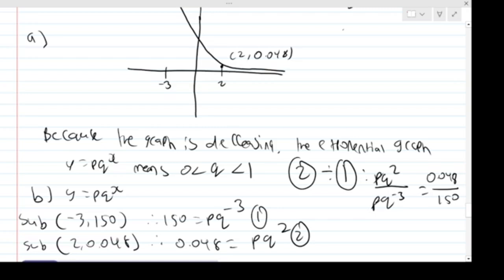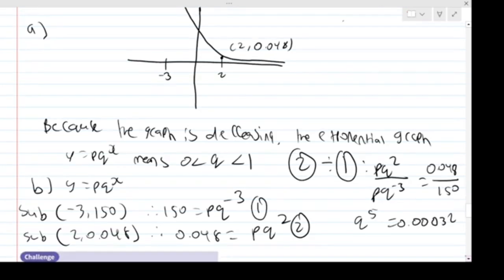We subtract the powers, so that'd be q to the 2 minus 3. That'd be a double negative, so it'd be 2 add 3. So then q to the 5 is 0.048 divided by 150, and then you get 0.00032. Yes, okay, that's the number there.